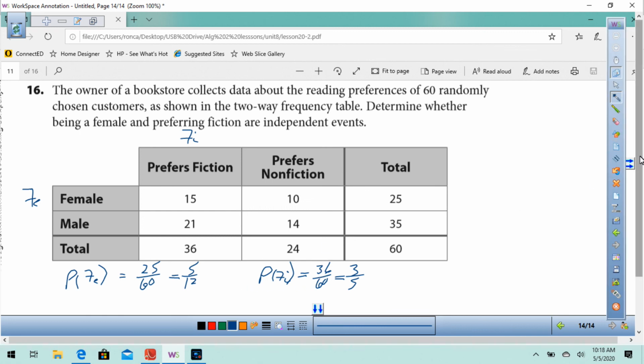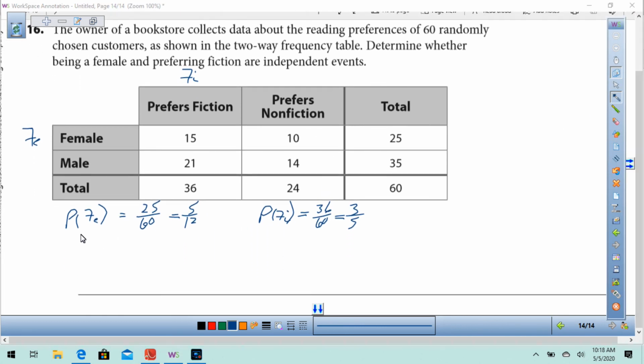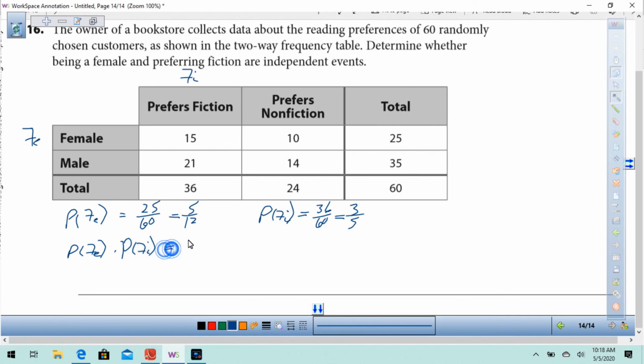Now let's see. So we got the probability of being female times the probability of fiction, and that's going to be 5 over 12 times 3 over 5. The 5s will cancel. 3 goes into 12, 4. So I got 1/4 or 0.25.